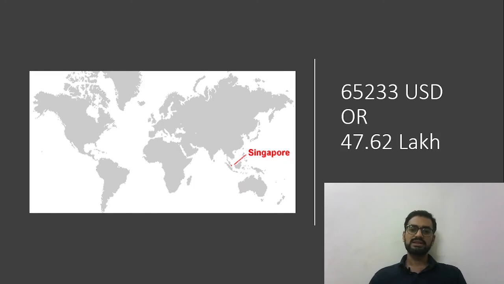Singapore is 65,233 US dollars, or 47.62 lakhs. So UAE and Singapore would be two countries close to India where an individual who would like to stay close to their homeland, India, would prefer, because it's a 4 hours journey to each of these countries and you can stay close by. Between the two countries, obviously, UAE is having higher amount, as you can see, 47 lakhs, but do keep in mind that the standard of living of Singapore is one of the highest, or maybe the highest in the world.